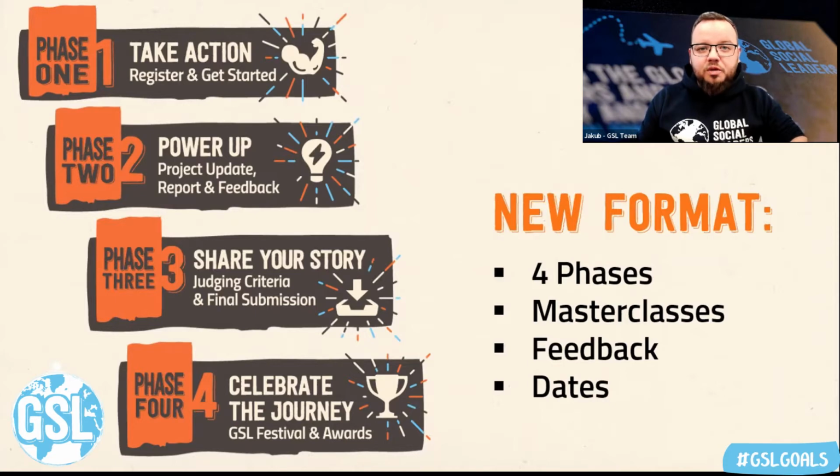So we will ask you all to submit a project update report so that our Global Goals heroes can give you feedback. And this is really what we're going to be talking about today. The other phases, share your story and celebrate the journey, are later on in the year, and all the information about those phases is in the booklet.